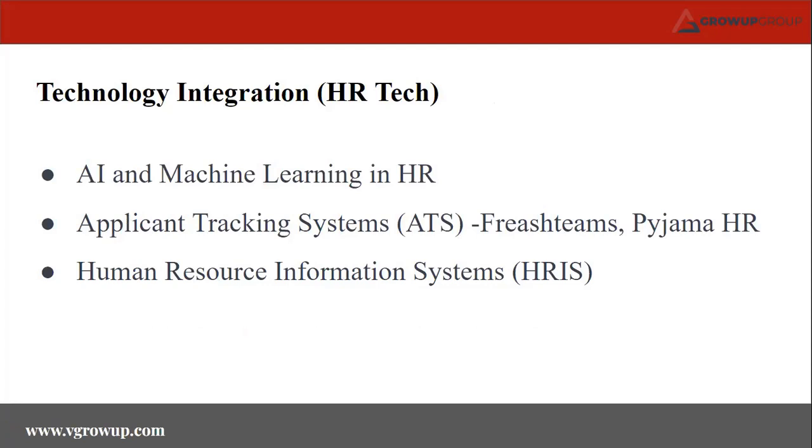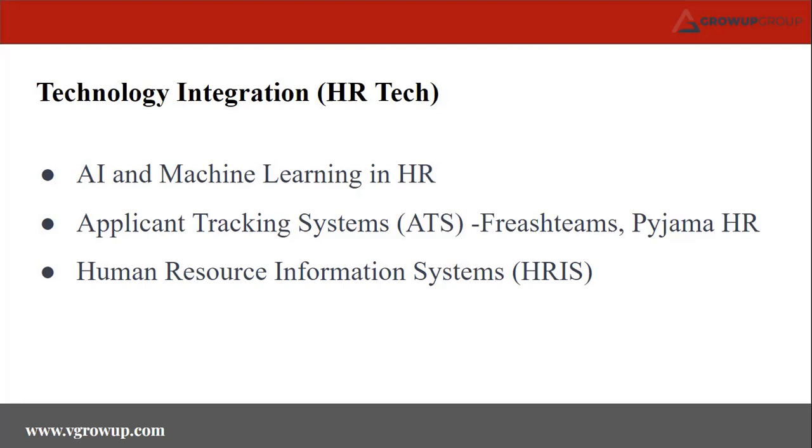Next, when we move on to technology integration, now artificial intelligence is taking part in human resources. Artificial intelligence started taking the first round of interviews to screen the candidate and to know whether the candidate has that technical aspect and communication skills to apply for this particular profile. And applicant tracking system: earlier, when we used to post on Naukri, we used to get all the profiles. Now with an applicant tracking system, it is very easy to see the profile data at a glance, and we are able to judge whether to call the candidate or not.